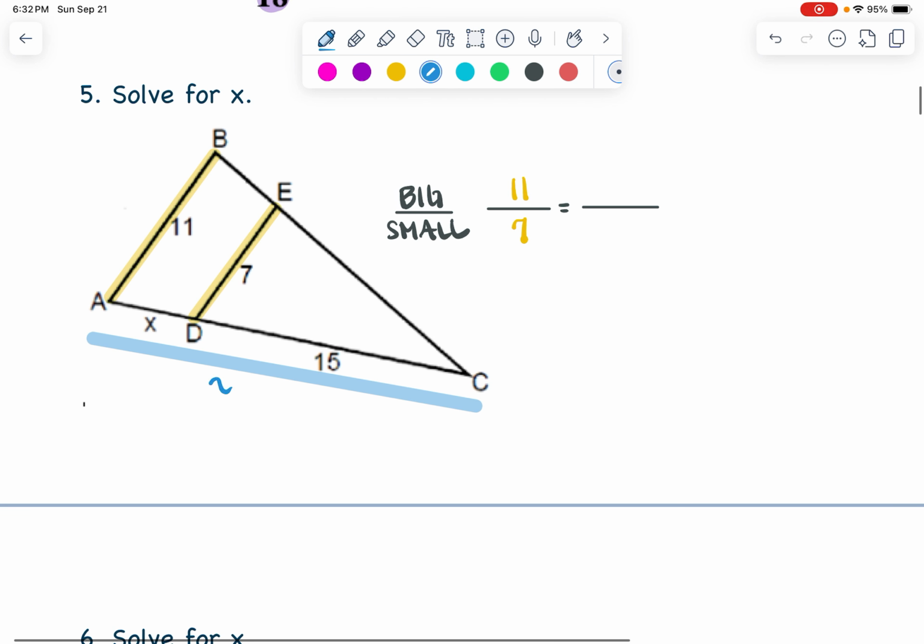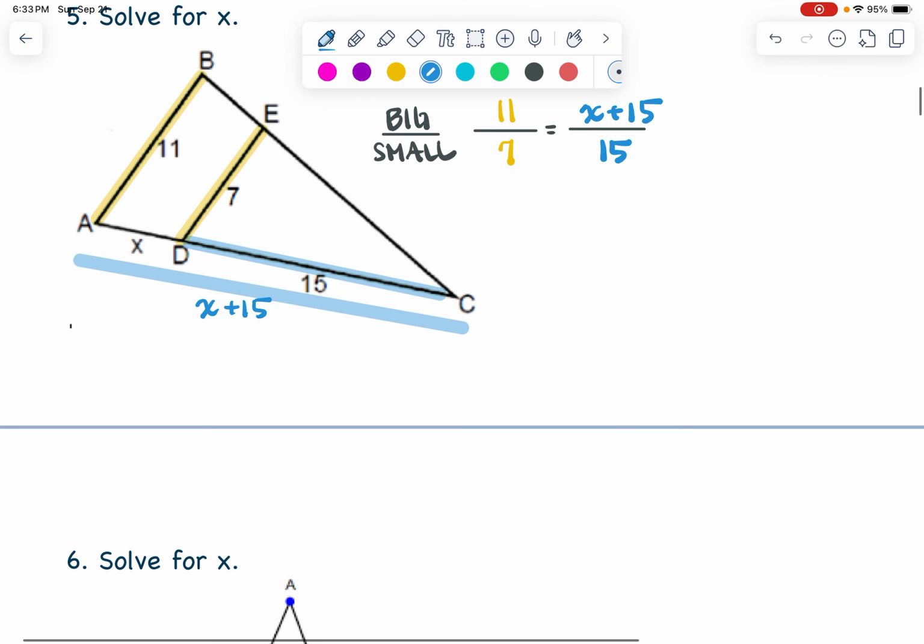And so clearly this whole thing is x plus 15. And that is what's going to go up here. And then, of course, the small side of the small triangle is 15. So 11 is to 7 as x plus 15 is to 15. Big is to small as big is to small.